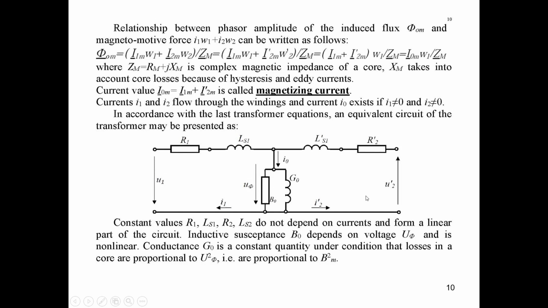We can present it in such a way, and we can consider electromagnetic processes in such a case. Of course it's an approximation, but it's easier, and it may be considered with the help of phasors.